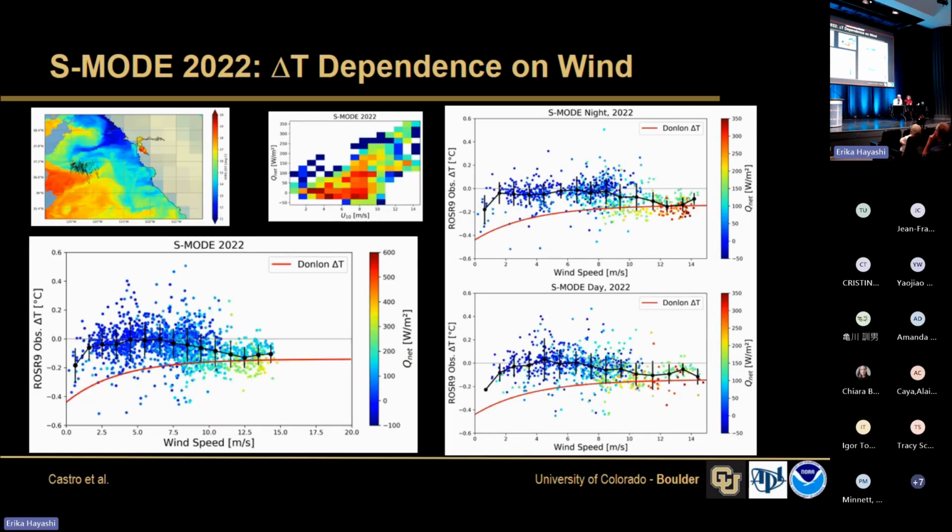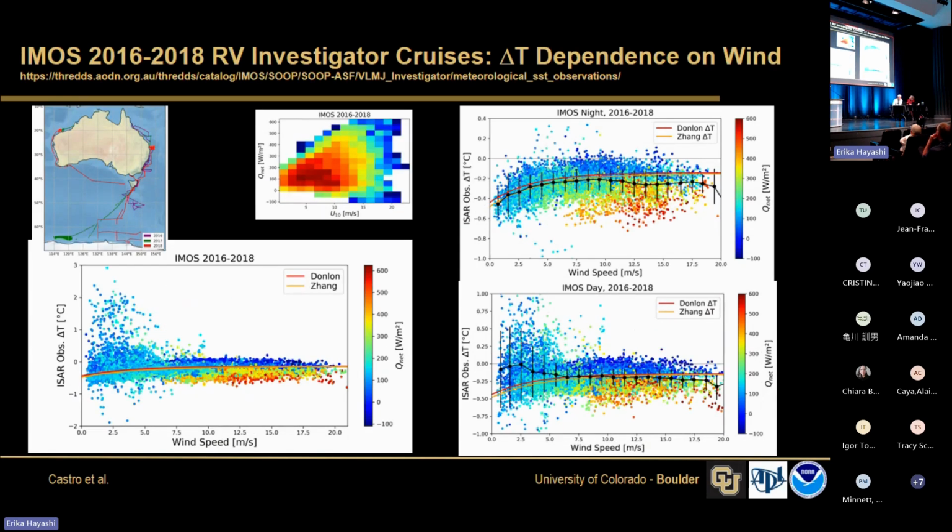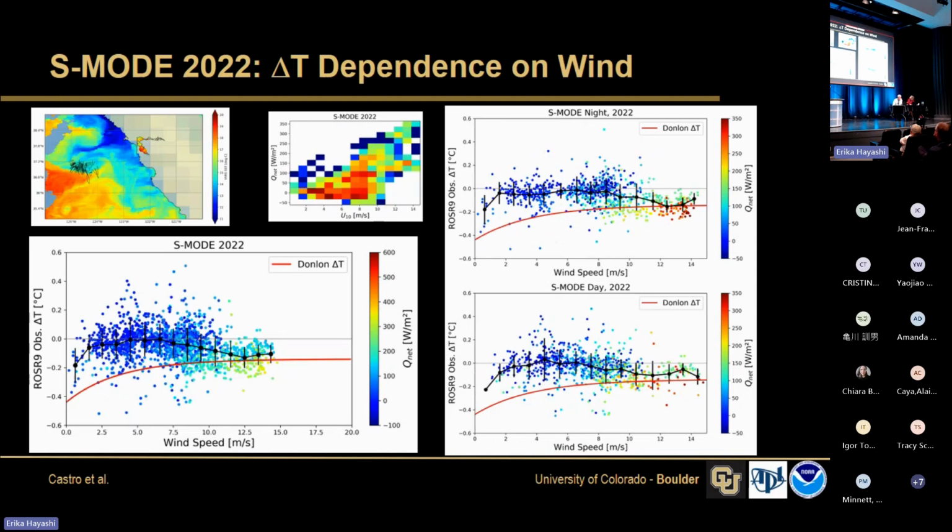I'm going to show this plot many times, so let me guide you through what it means. These are scatter plots of delta T versus wind speed. The red curve here is the Donlon simplified parameterization based on the wind speed only. The error bar plots are the observed delta T binned in 1 meter per second wind bins.